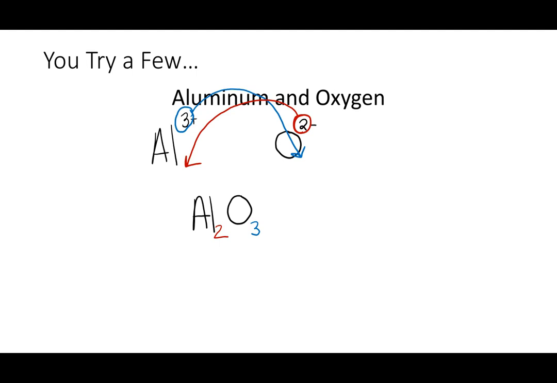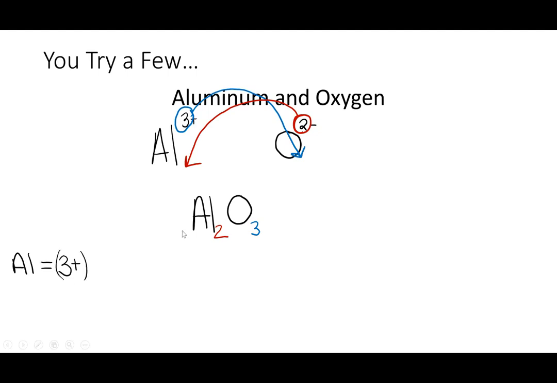Let's prove to ourselves that this works. So it absolutely does work, but I just want to make sure that we prove it so that we can use it. So let's look at both sides here. Aluminum. Each atom of aluminum is going to bring to the table a +3 charge.